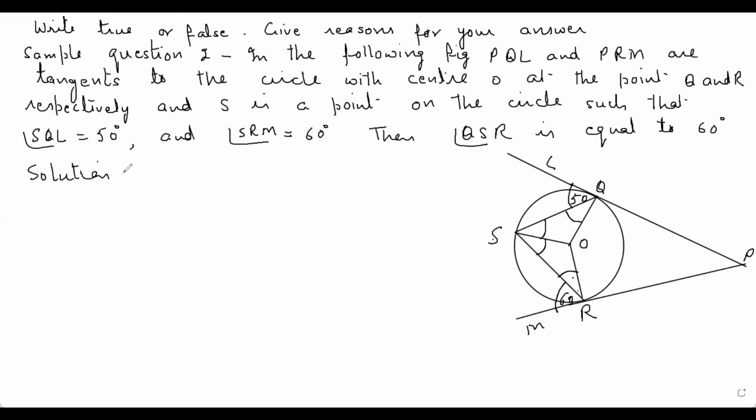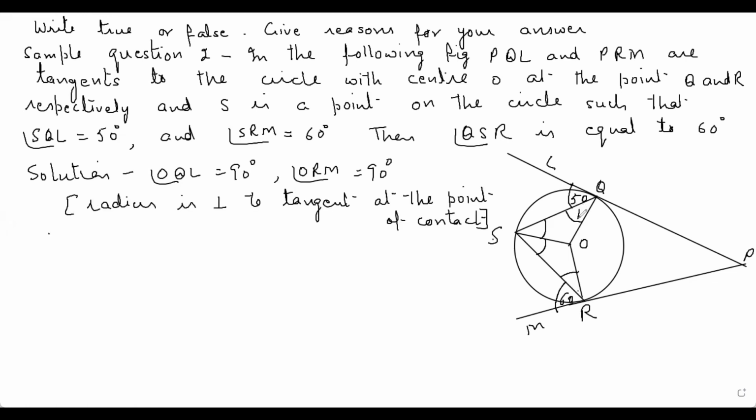Now its solution: OQL is 90 degrees and ORM is 90 degrees. Why so? Radius is perpendicular to the tangent at the point of contact. Let this angle be 1, let this angle be 2.